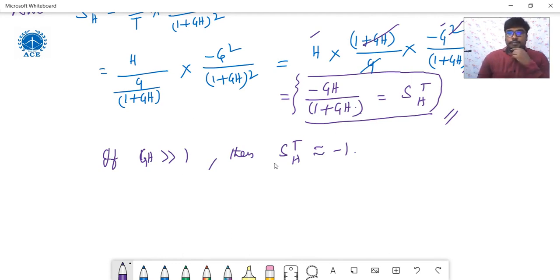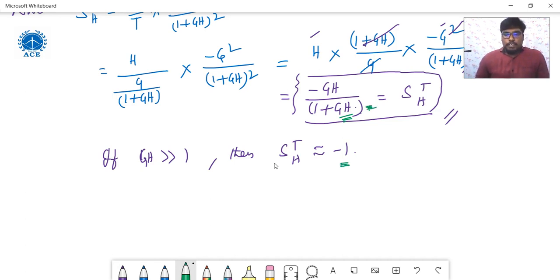If this value is very much greater than 1, then this will be one big value becomes a minus 1. So the one is neglected, so both are minus 1, we can consider here, right?